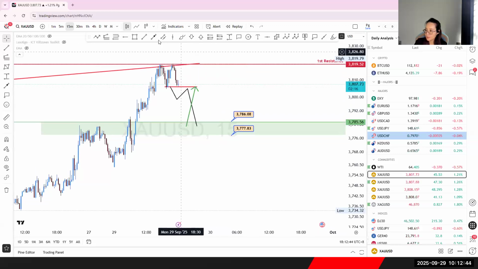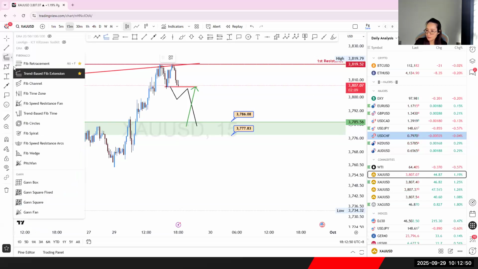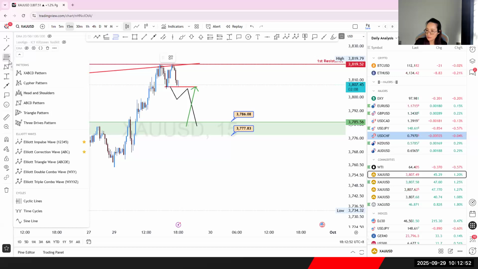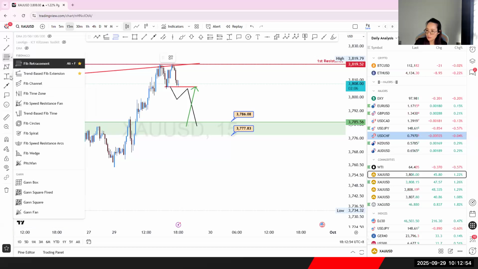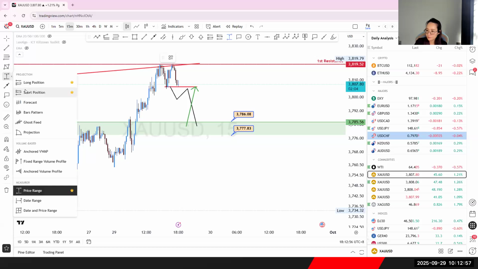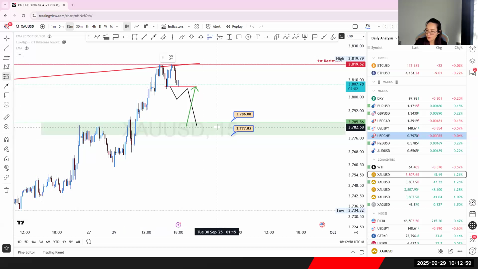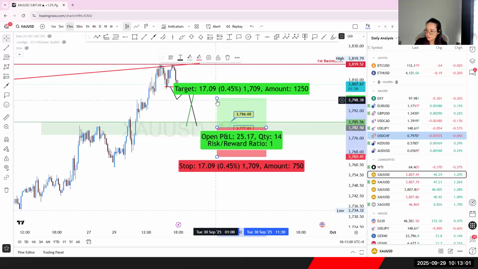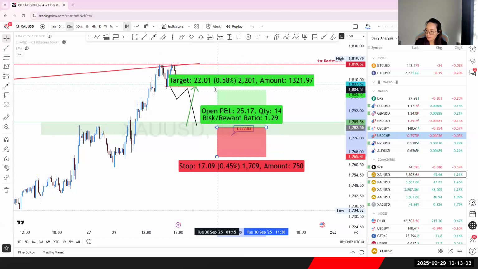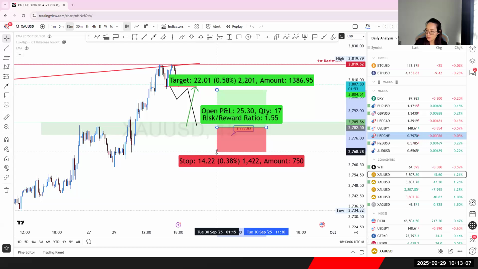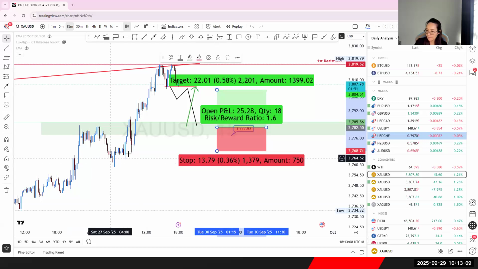Okay, meaning that I'm going to put a pending buy limit for this. Let's say I go long for this level. I'm going to aim for the wick. My stop loss, I'm going to put at this wick here.